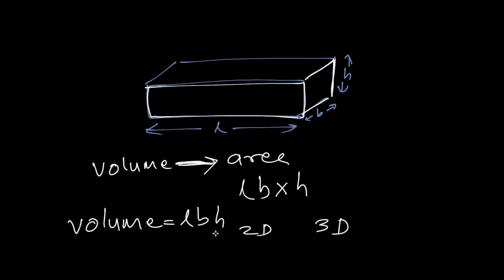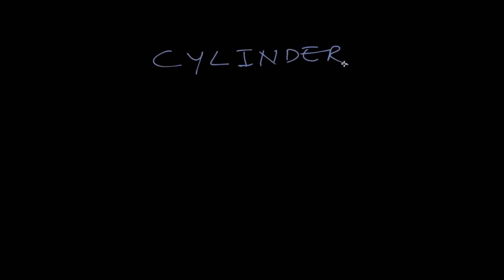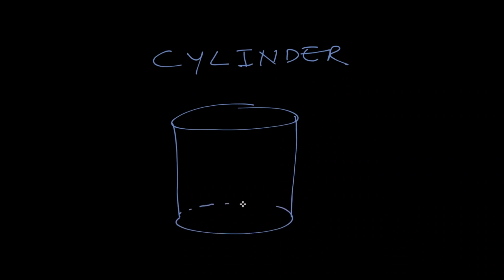Now we are going to take the next shape, which is called the cylinder. What is the shape of the cylinder? This is going to be a circle, having this much height, and also having this shape at the bottom side. This is called a cylinder. Now we don't have a square-like shape; it has a circle.